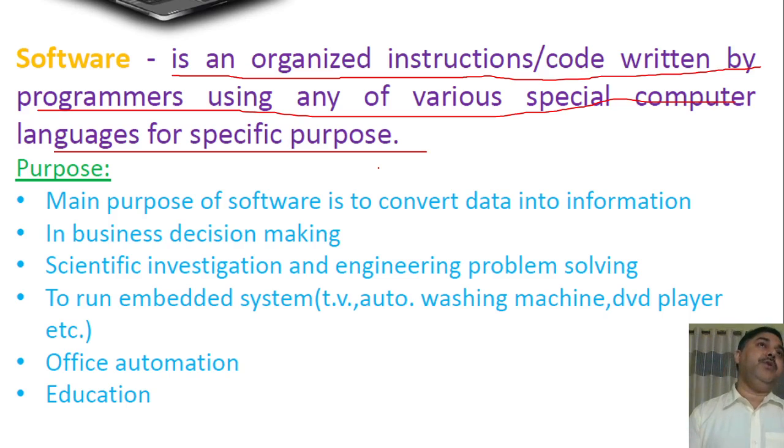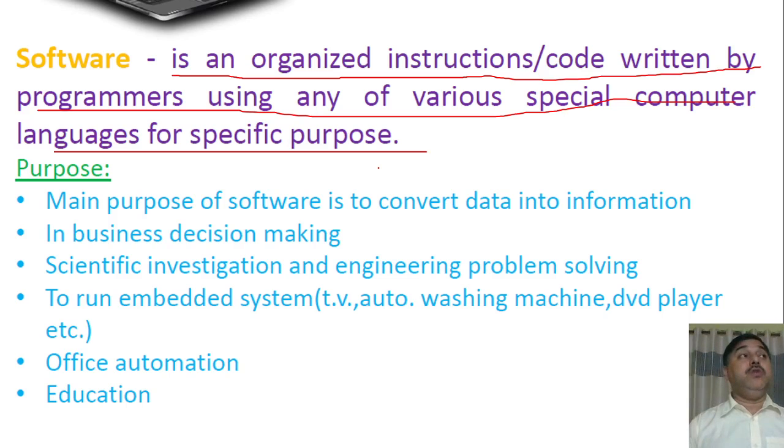Different computers, different machines, different devices have different types of software for different purposes. Like we have software for giving security to your system, antivirus software. We have operating system software to run your particular device. We have software to make diagrams.